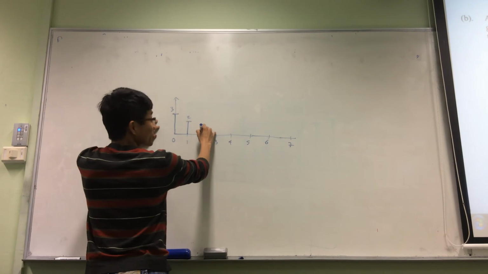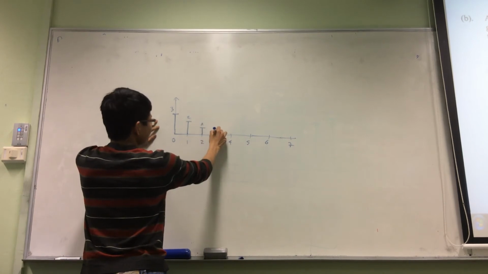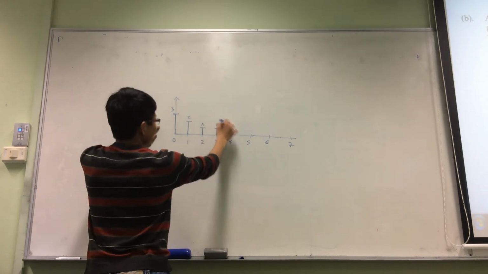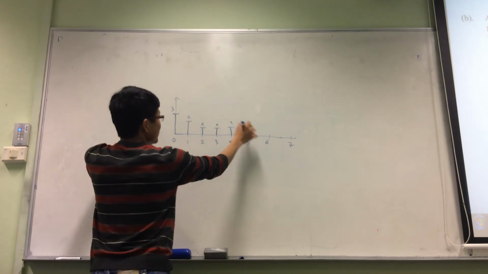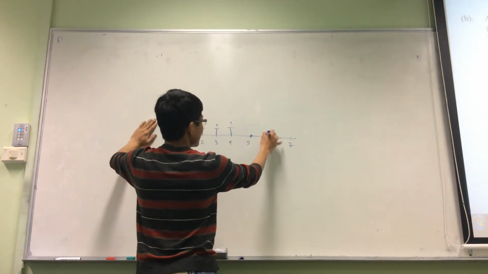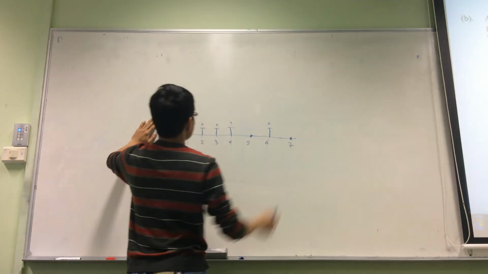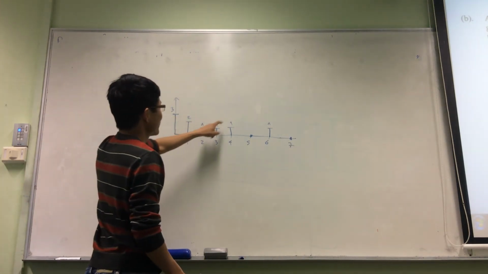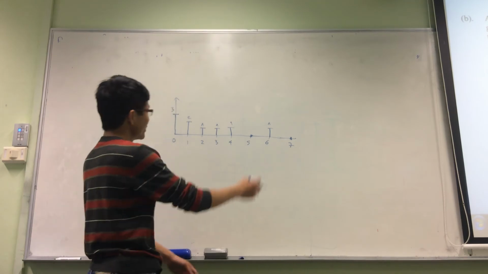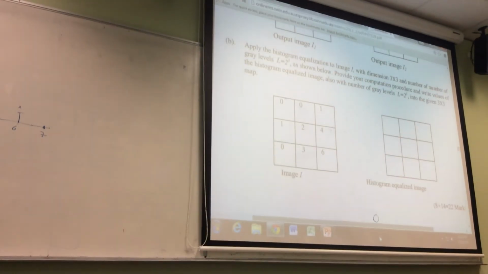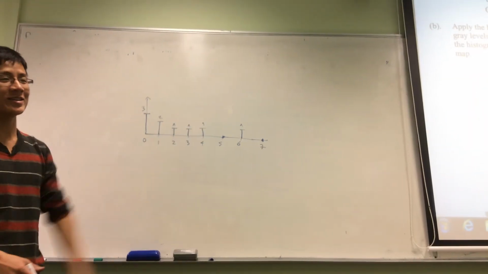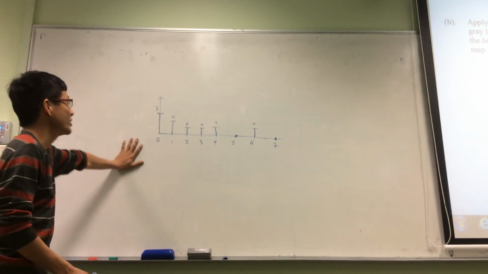How many pixels 2? 1. How many pixels 3? 1. 4, 1. 5, nothing. 6, 1. 7, 0. So you add 3 plus 2 plus 1 plus 1 plus 1 plus 1 equal to 9, because you only got 9 pixels in there. Simple. This one is called histogram.